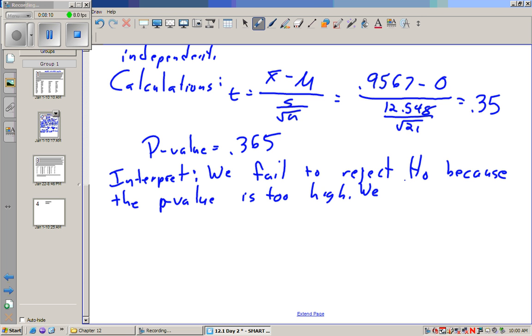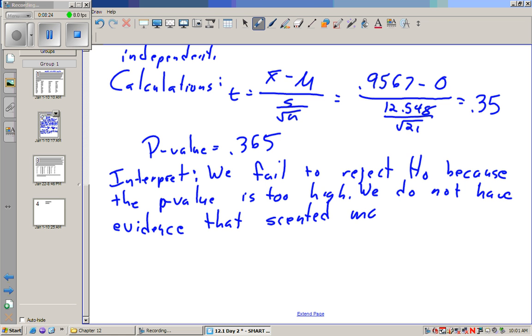So we do not have evidence that scented masks increase or decrease the time to finish a maze.